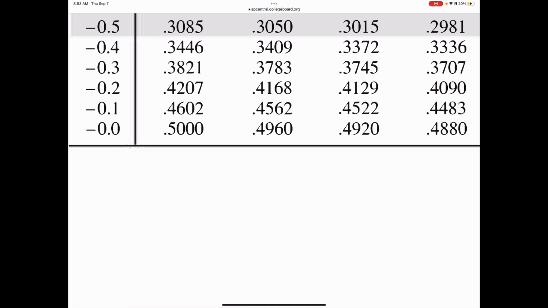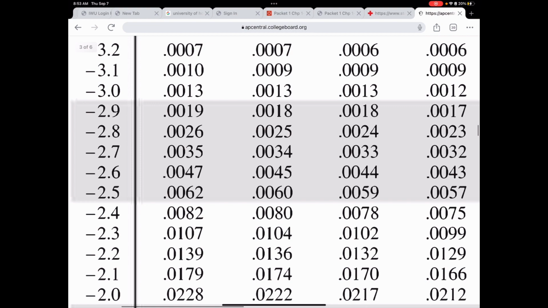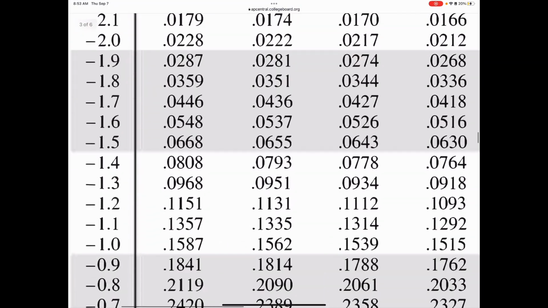So this is negative 0.50 is the first one, 0.1 is the second, 0.2 is the next one. So it's pretty close to 0.3015. So my z-score is the corresponding negative 0.52, because if I go all the way to the top, you're going to see that too. And that is my z-score.